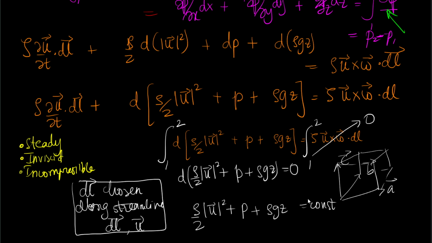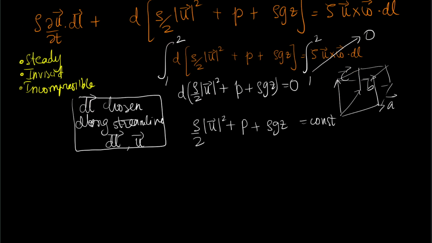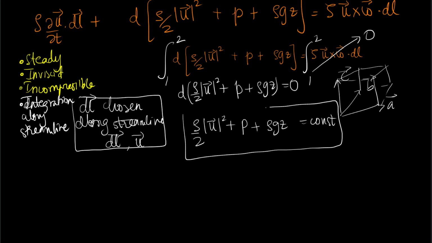So if we choose dl along a streamline, with integration along the streamline, then we have the Bernoulli equation appearing. This particular set of terms is called the Bernoulli function.